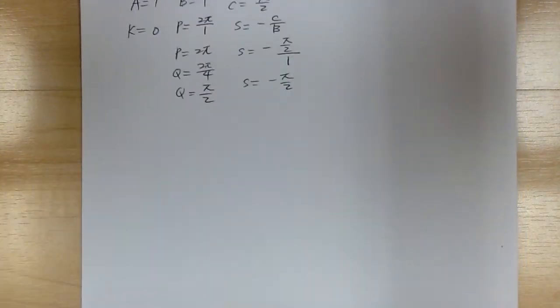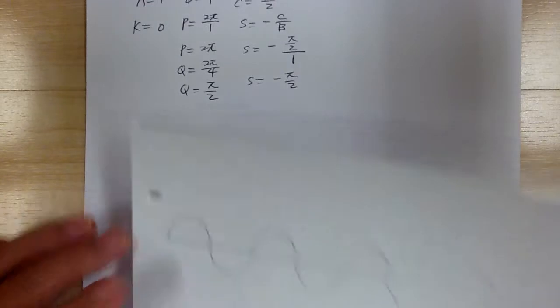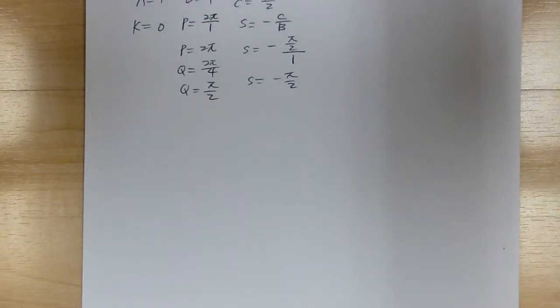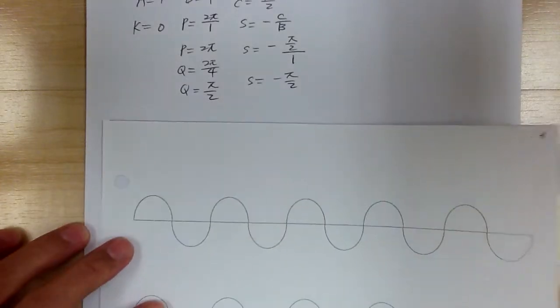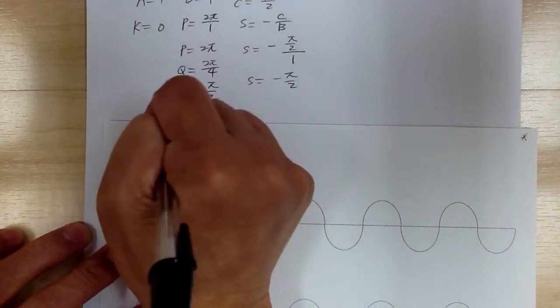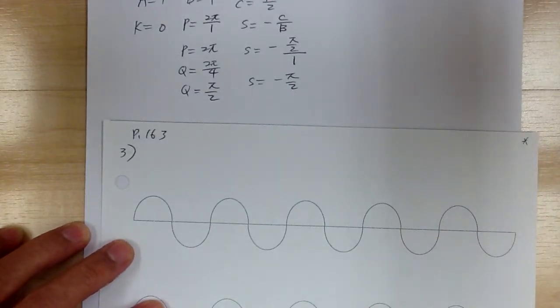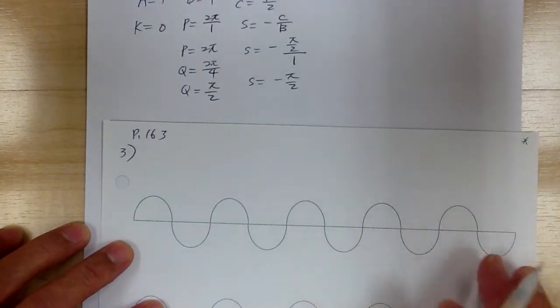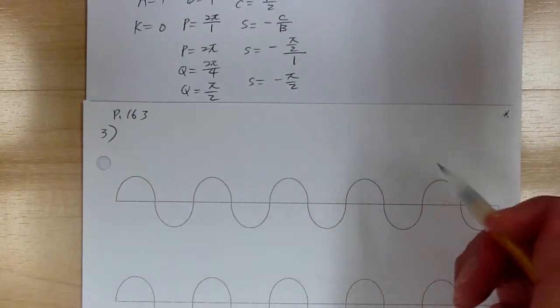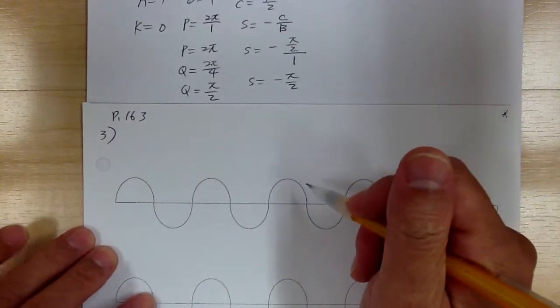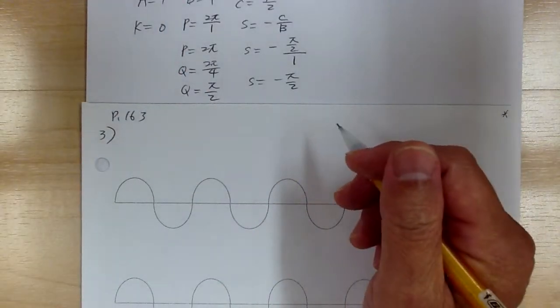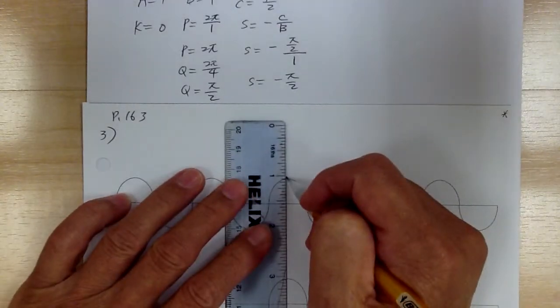Okay, so from here you're going to start the graphing. When you do graphing, first you want to locate your axes. Normally cosine starts right over here on the top.